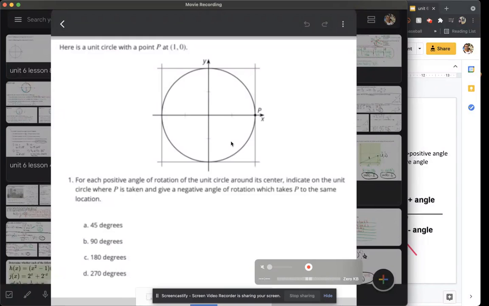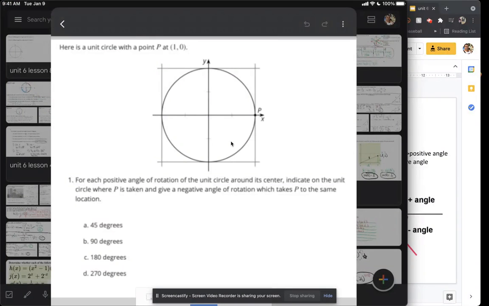Here's our first set of examples. So for each positive angle of rotation of the unit circle around its center, indicate on the unit circle where P is taken and give a negative angle of rotation which takes P to the same location. So the first one is 45 degrees.